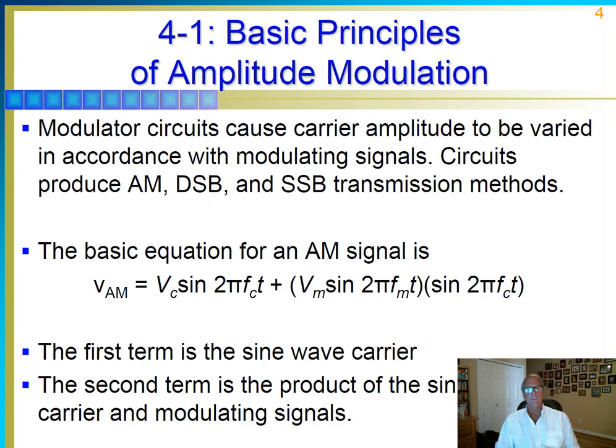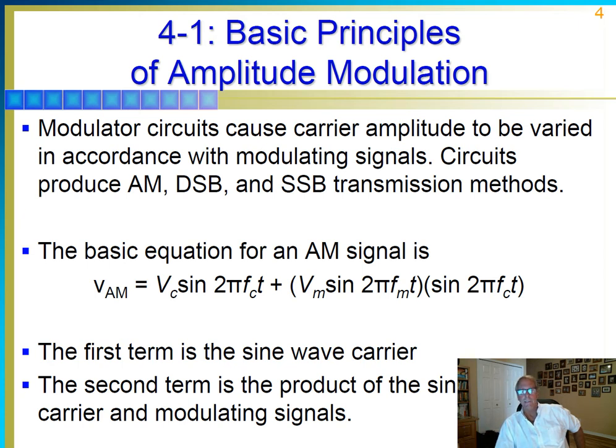So once again, this is the basic equation for the AM signal. We have the carrier sine wave here, we have the modulation sine wave here, and this is another product of the carrier sine wave. And remember, when we multiply all this together, what do we get?